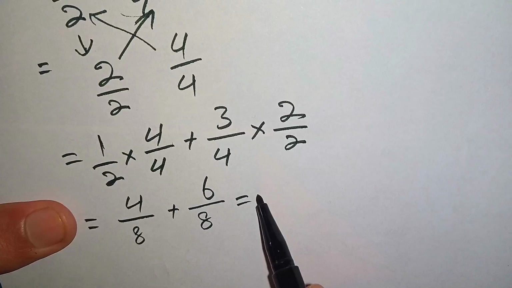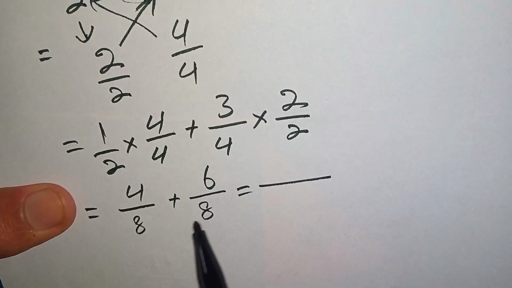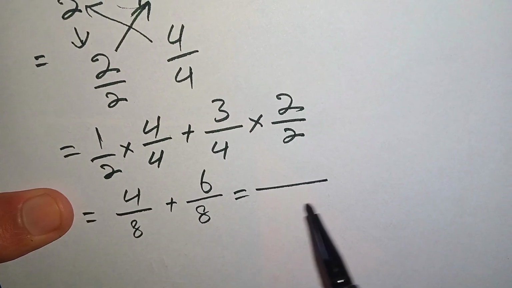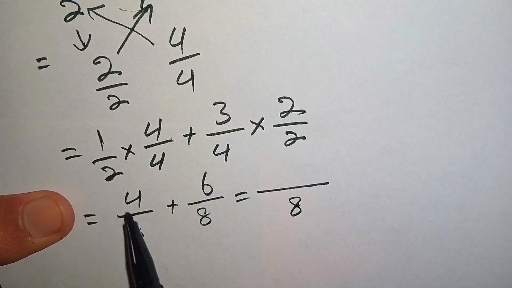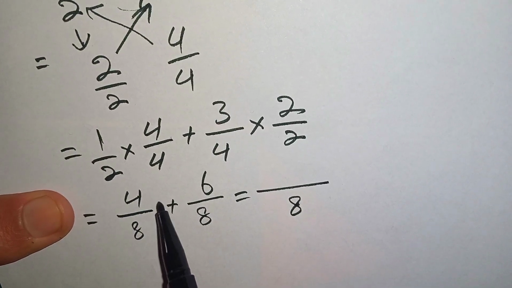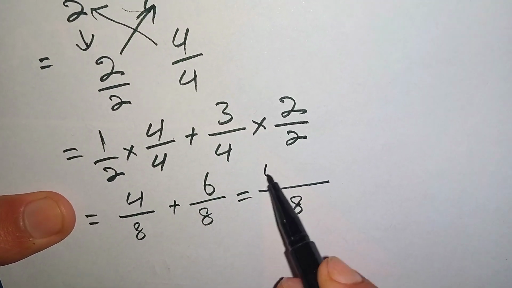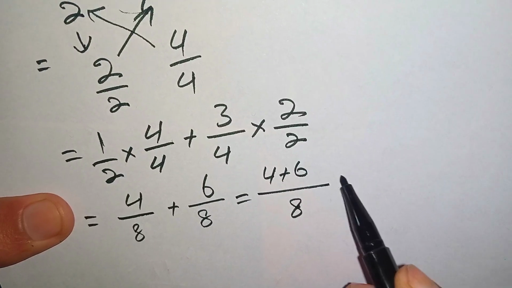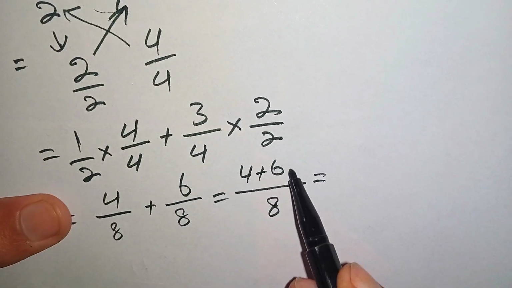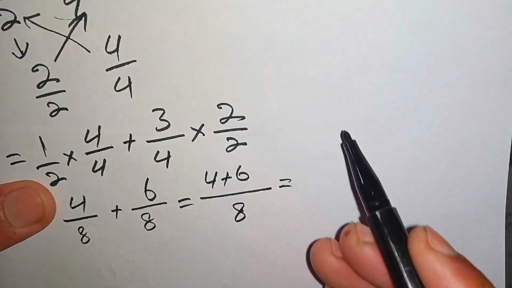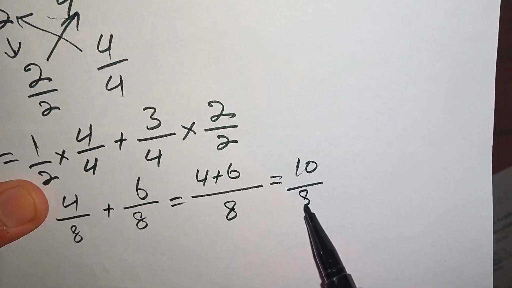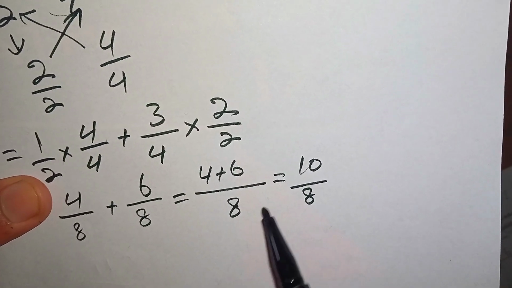Because both of the denominators are the same, write any one of the denominators, which is 8, and add the numerators as usual. So 4 plus 6 over 8 is equal to 10 over 8. Write the denominator the same.